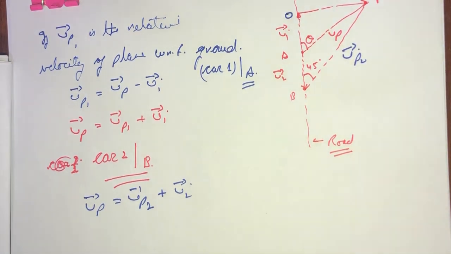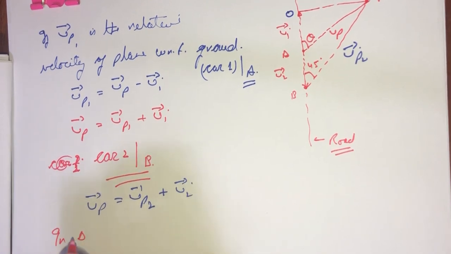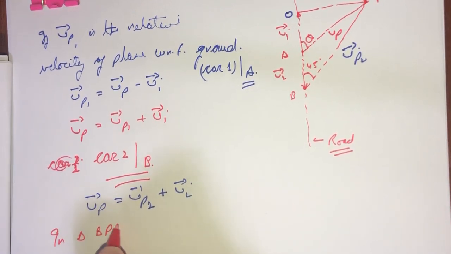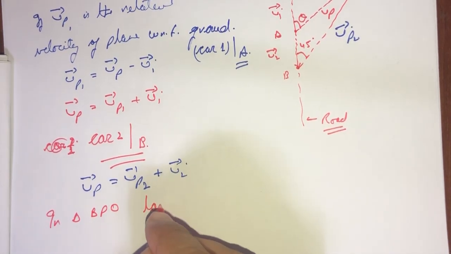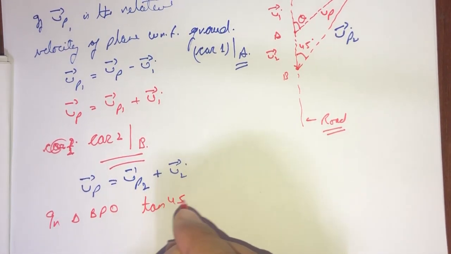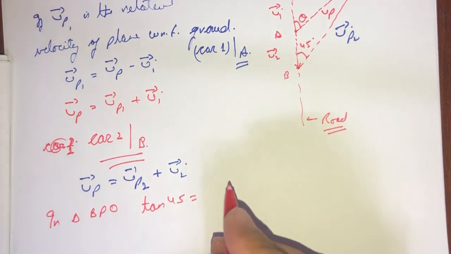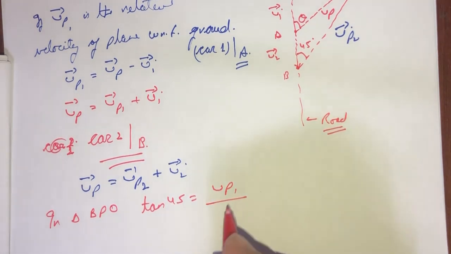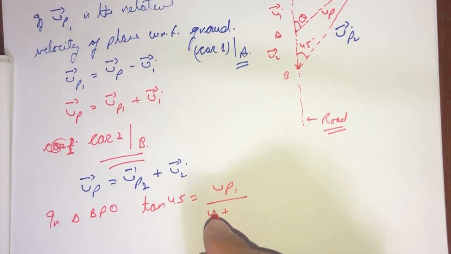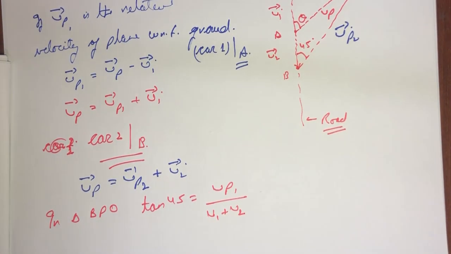So in triangle BPO, we can find out the tangent of 45. Tangent of 45 will be equal to Vp1 divided by V1 plus V2.